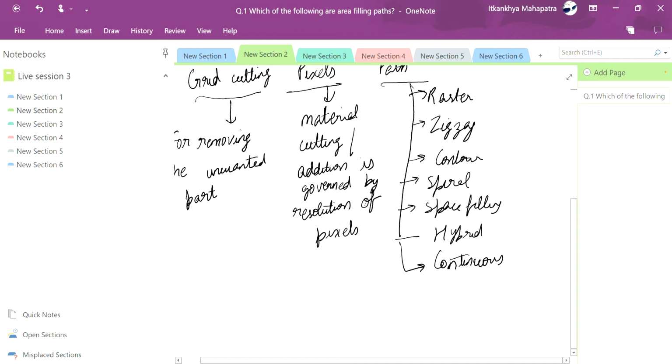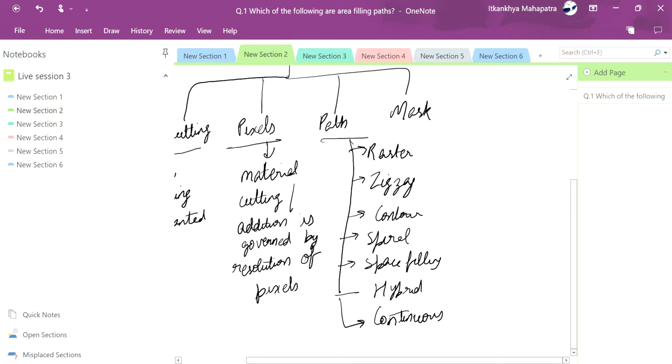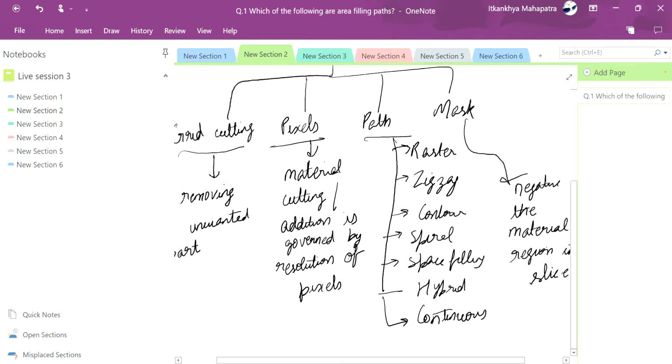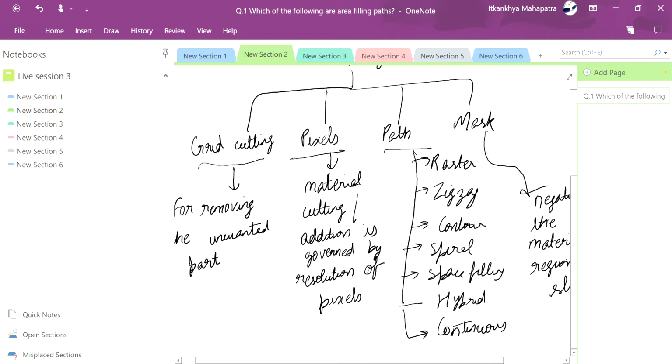And the last one is mask. This is the negative of the material region in a slice. Okay, so these are the four methods.